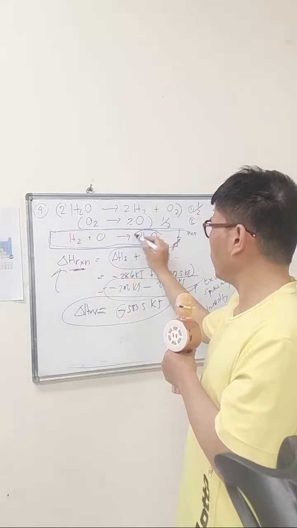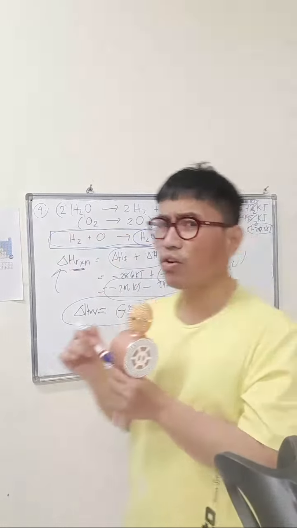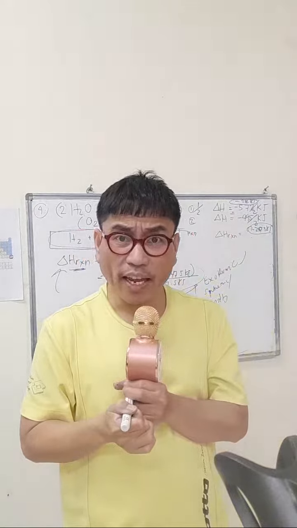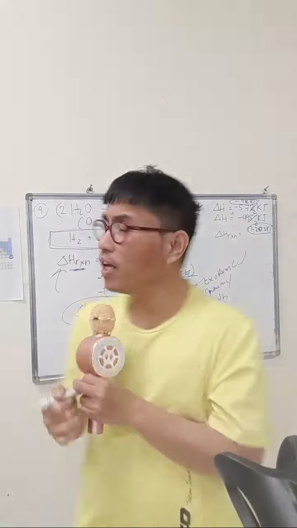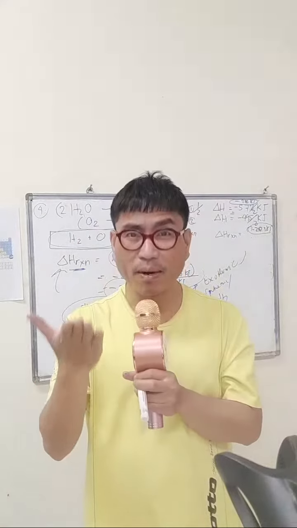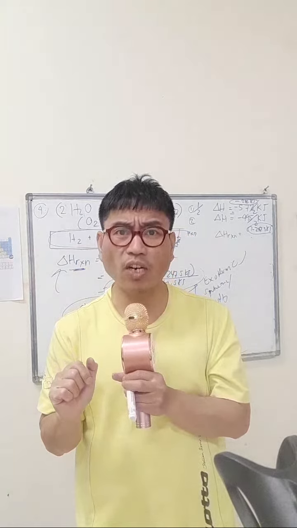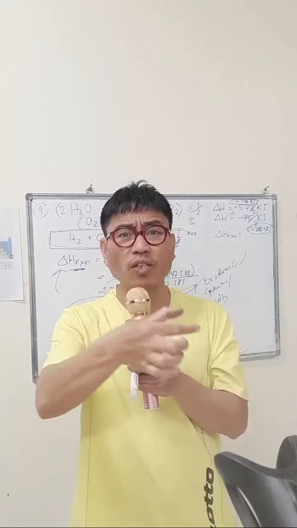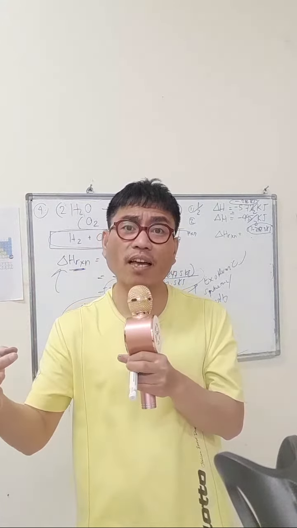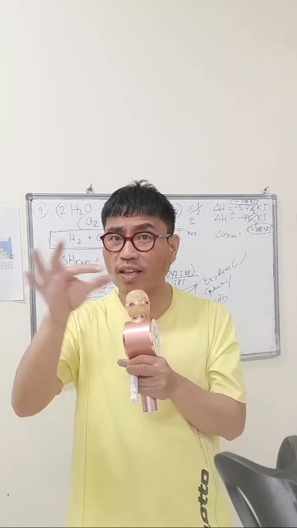It's very impossible for H2O to decompose into H2 and oxygen only, as monoatomic oxygen. H2O will always decompose into hydrogen gas plus oxygen gas, but never oxygen only. The difference between oxygen and oxygen gas is the subscript, because oxygen gas has 2 in the subscript.